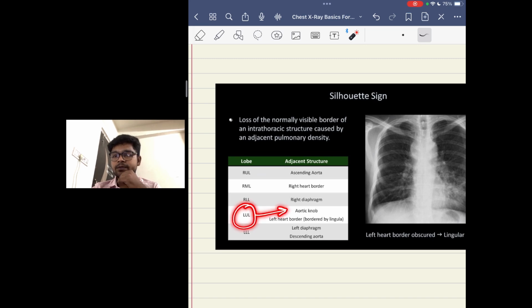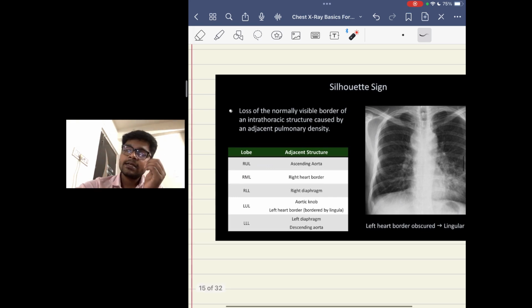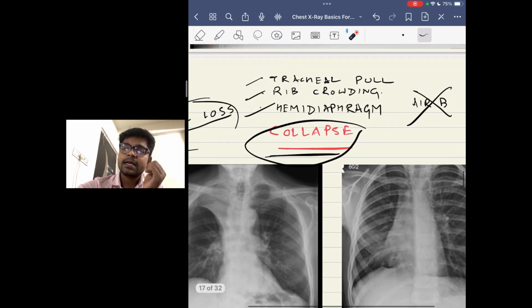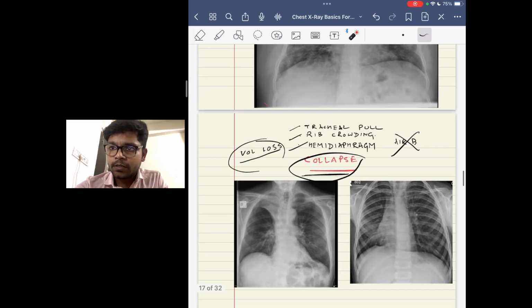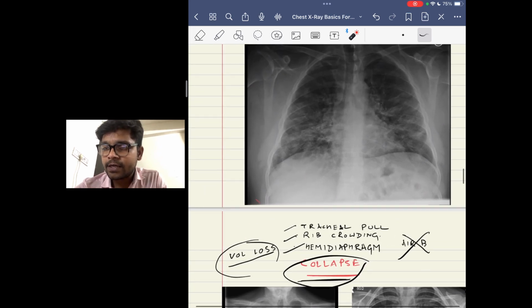Left upper lobe obscures the aortic knob and the left heart border, and if only the left heart border is obscured, then it is lingular pathology. Right upper lobe, the ascending aorta; middle lobe, the right heart border; right diaphragm obscured by the right lower lobe. And if there are additional features of volume loss on one side, you will be terming that as collapse. So that was it for this video. Keep studying. Thank you.